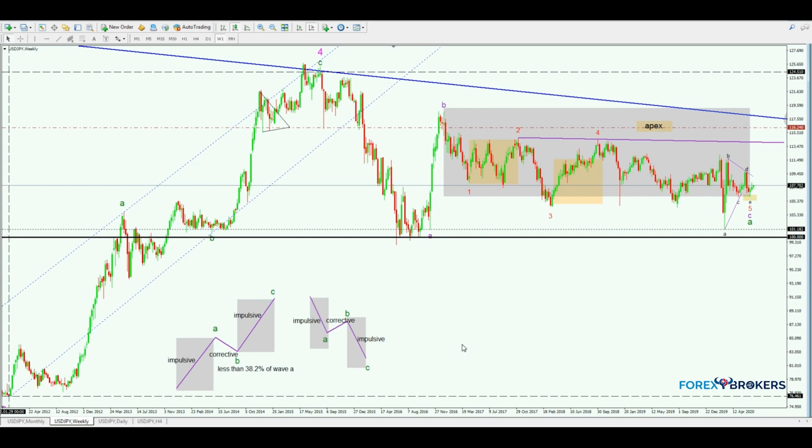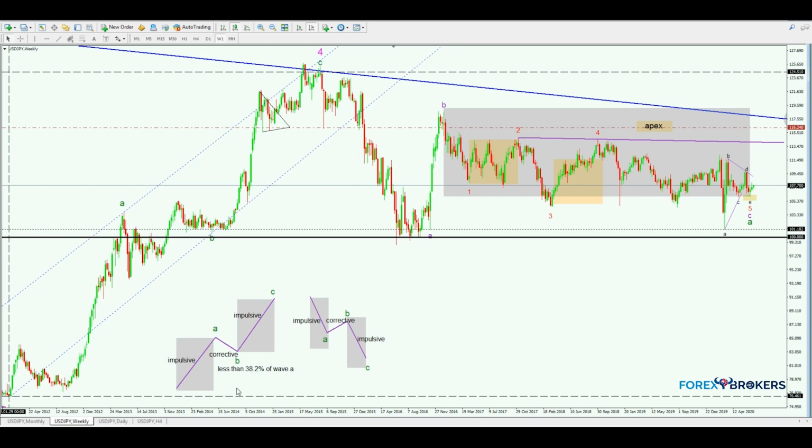The condition for the B wave is that it should not end beyond 61.8. If the B wave ends beyond 61.8, the market forms a flat pattern, and it will make wave A corrective, not impulsive. The B wave can travel beyond 61.8 in a zigzag, but it should not end beyond 61.8.